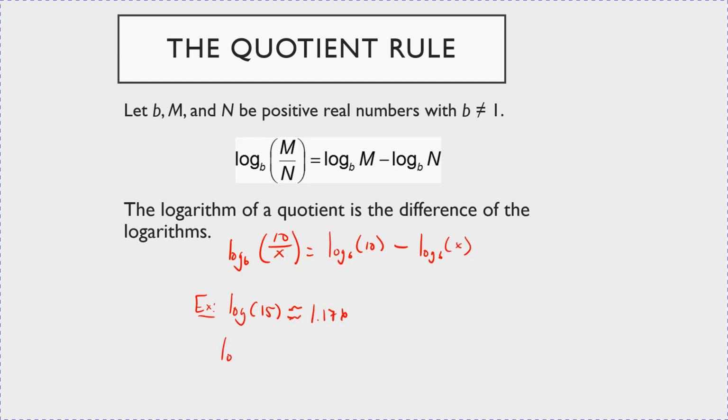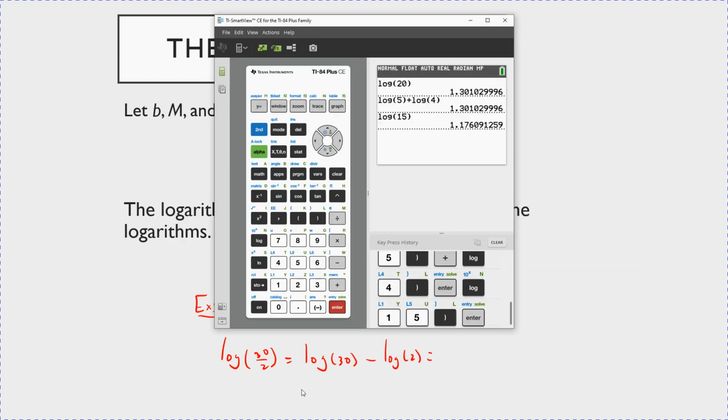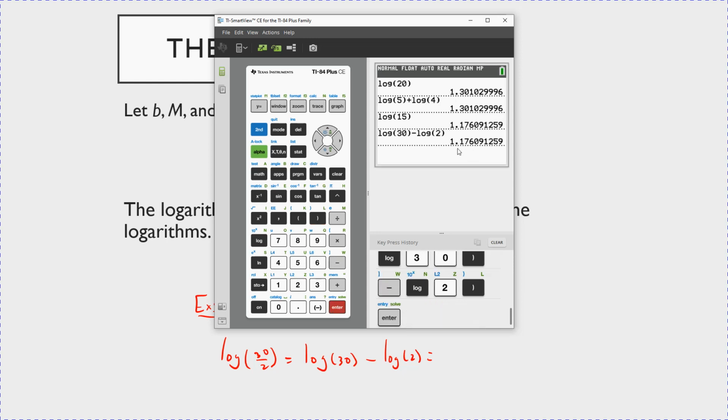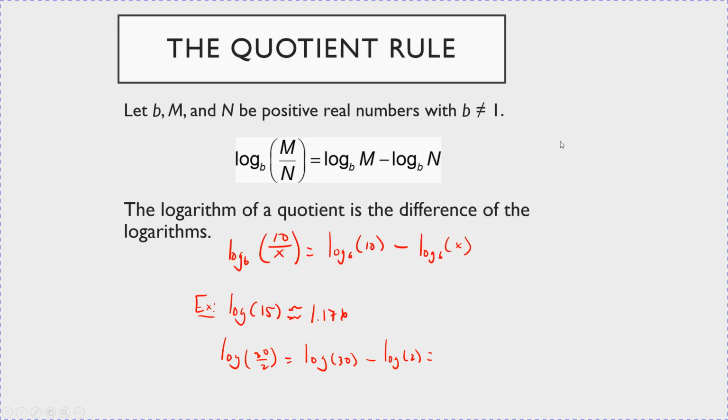Would you agree that 15 is the same thing as 30 over 2? Yes, because 30 over 2 is 15. So this would be log of 30 minus, using our rule here, log of 2. Let's see if we get the same thing. And look, you get the same thing, 1.176. So this rule also works.